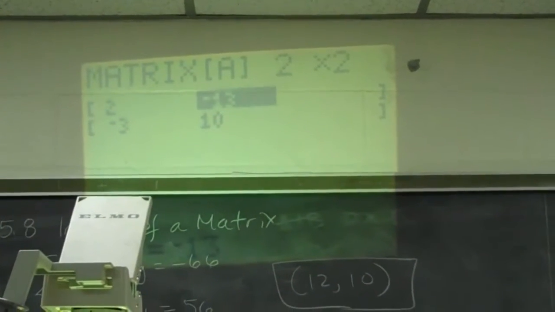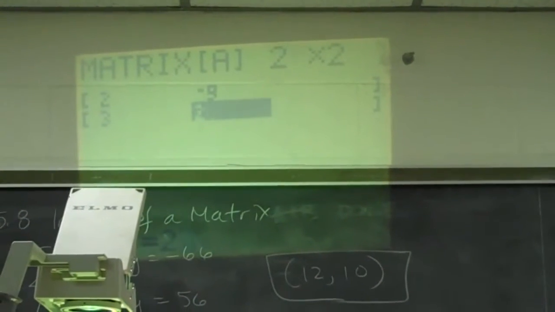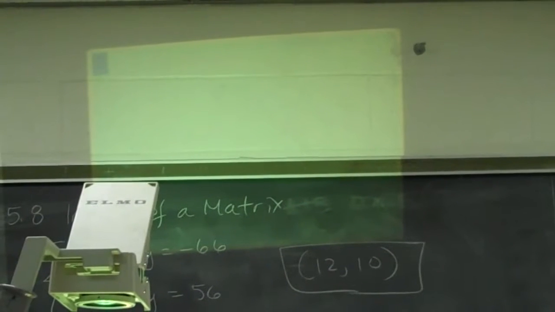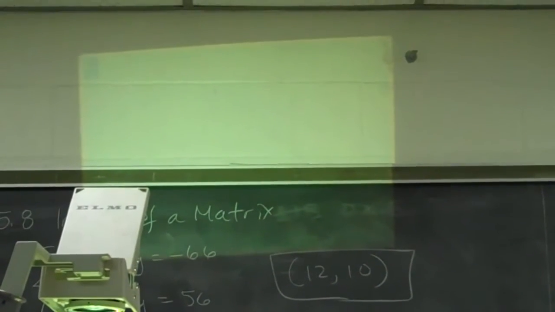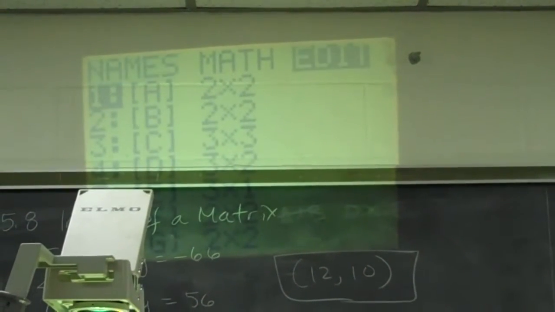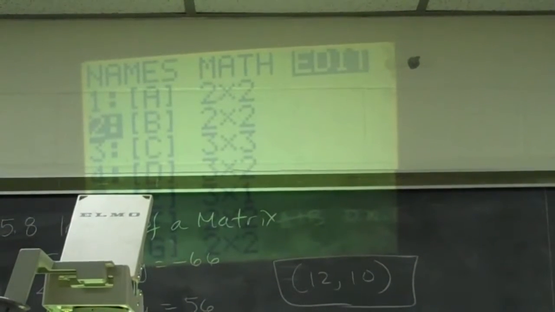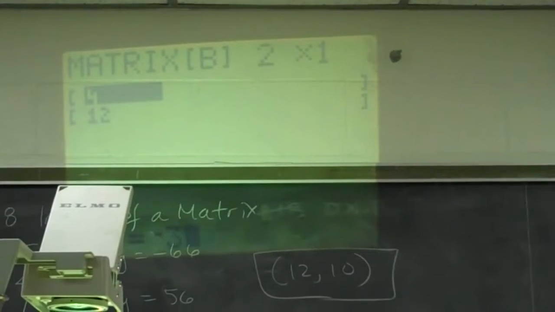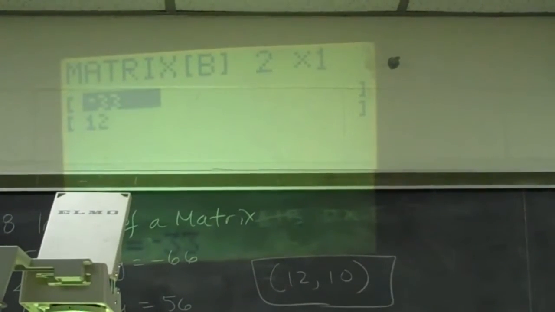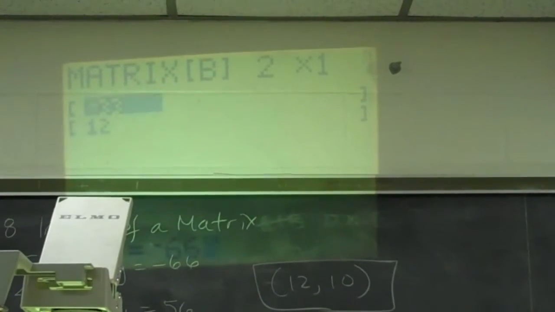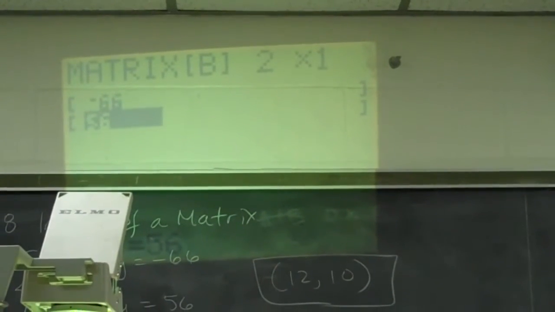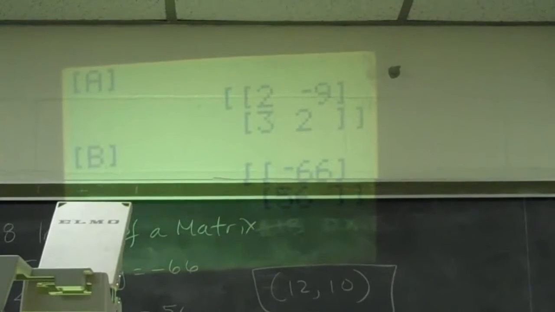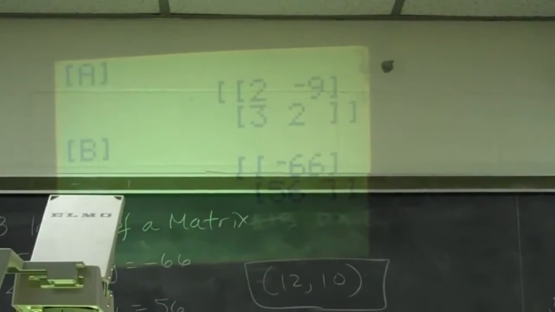I'll make it 2, -9, 3, and 2. Okay? That's my matrix A. And if I wanted to, I'm going to change matrix B to that 2 by 1. That was negative 66. And positive 56. Okay? So A and B are those two matrices.